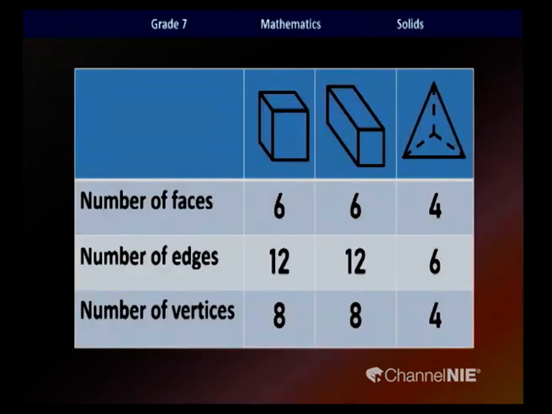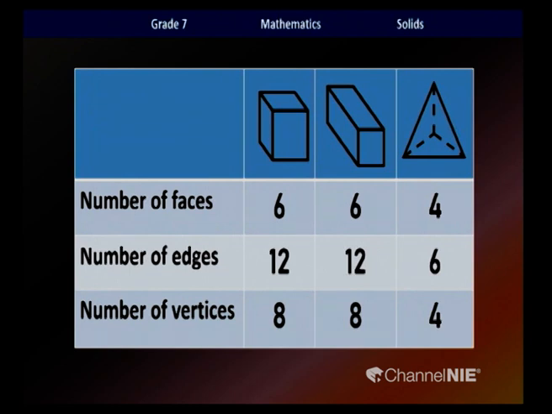Right. Now we will summarize the things that we have learnt in grade 6. A cube has 6 faces, 12 edges and 8 vertices. A cuboid has 6 faces, 12 edges and 8 vertices.